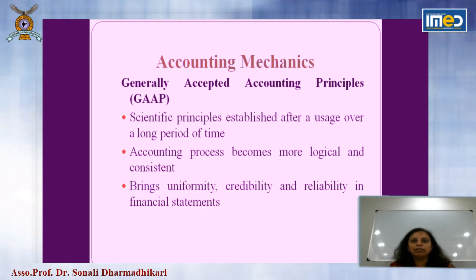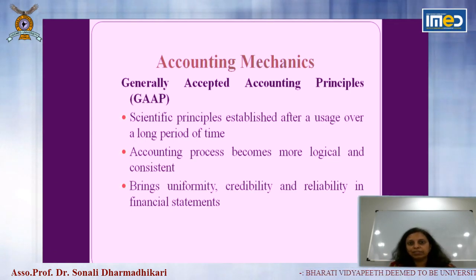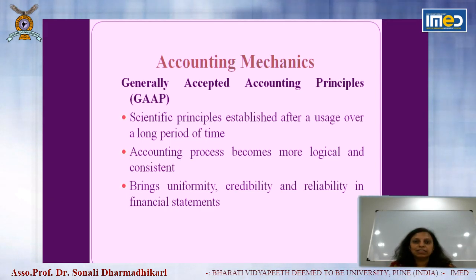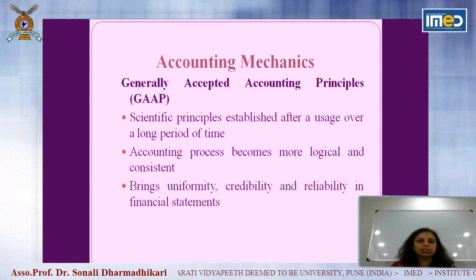If every country or every businessman followed different accounting principles, it would not be possible to make these types of transactions. So these generally accepted accounting principles give us uniformity of accounting, books of accounts and financial statements. So valuation of a firm becomes easy and other transactions like mergers and acquisitions are possible.